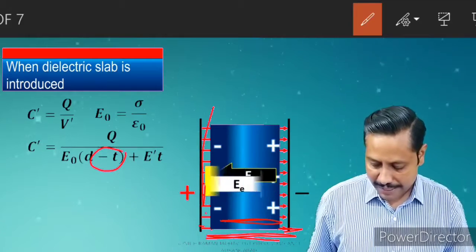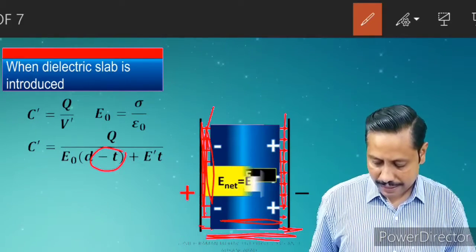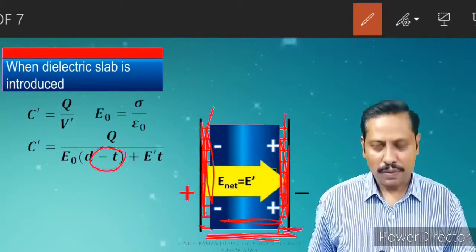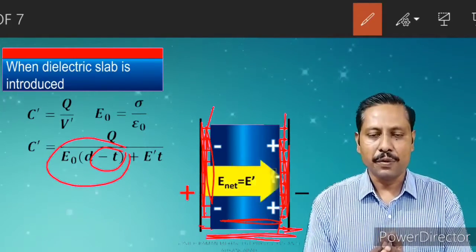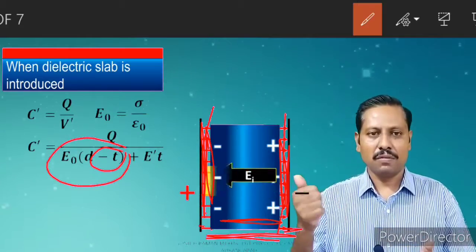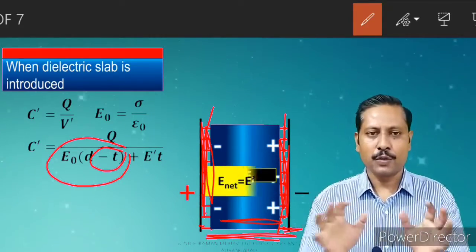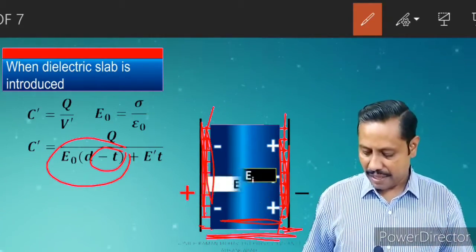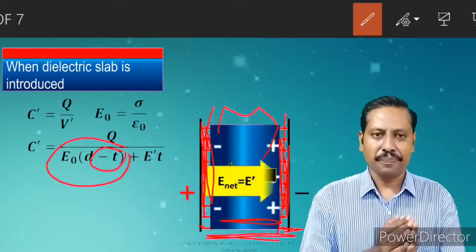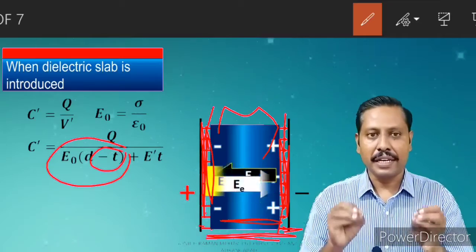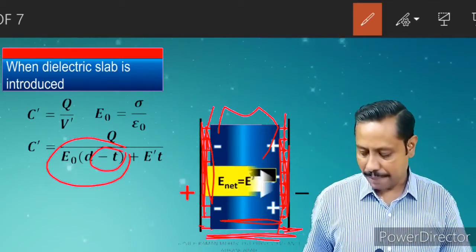It means between this gap the electric field is E0, so the potential difference is E0 into d minus t. Just now we have discussed this in the previous case. From that also you can understand this. And for the slab we can write E dash into t, where E dash is the net electric field inside the slab.